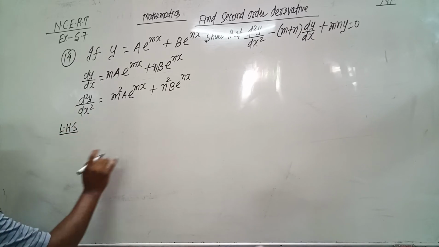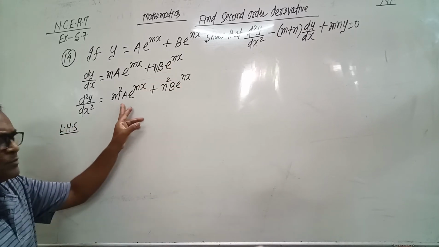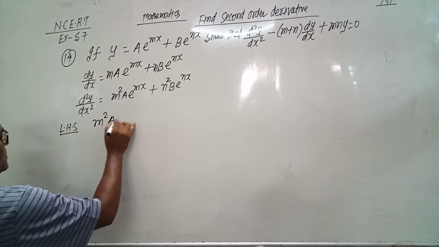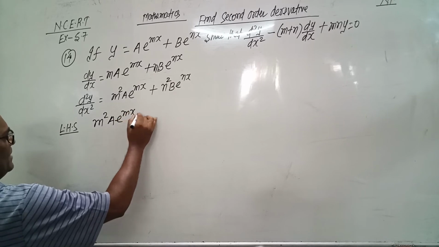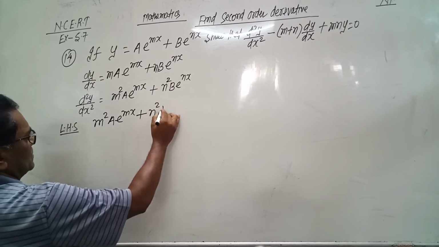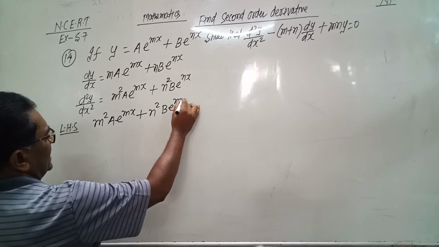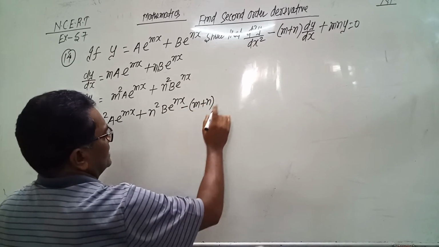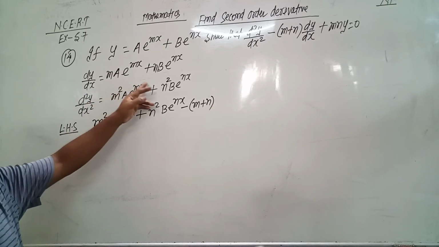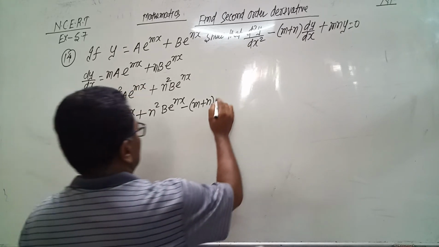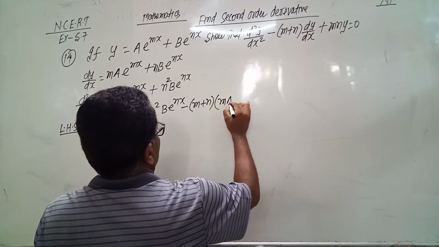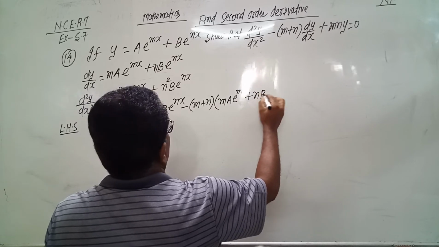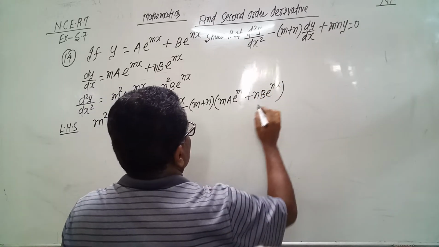So the LHS is d2y by dx square. Put the value of d2y by dx square: m square a e raised to the power mx plus n square b e raised to the power nx, minus (m plus n) times the value of dy by dx, which is m a e raised to the power mx plus n b e raised to the power nx.